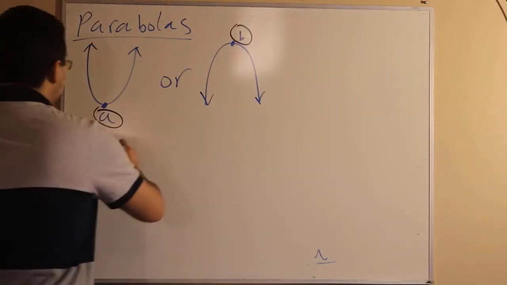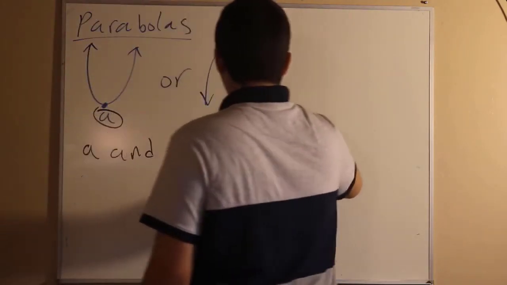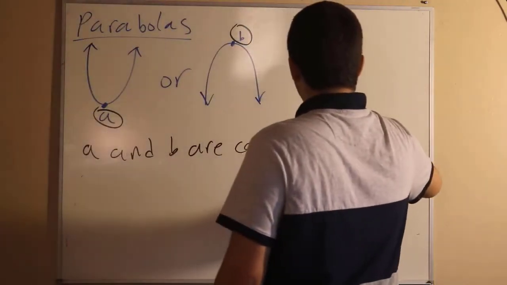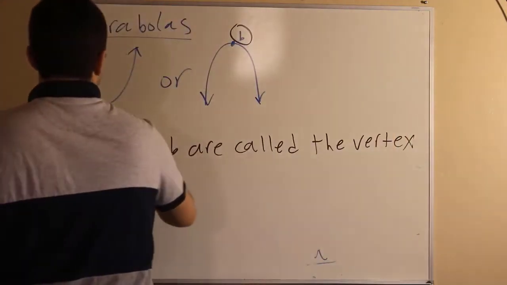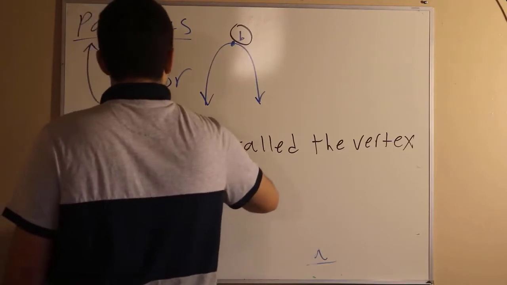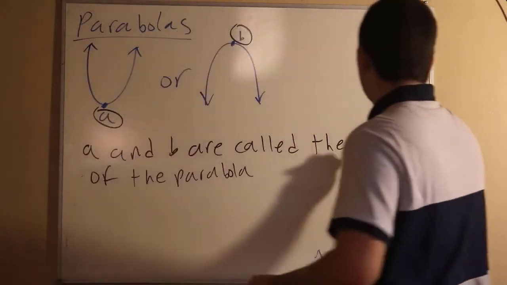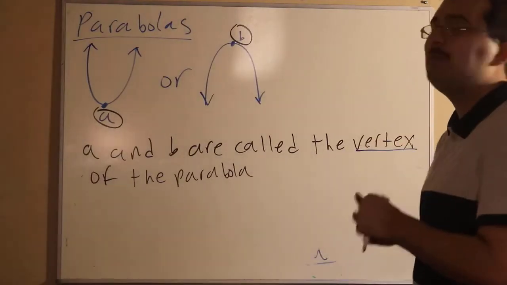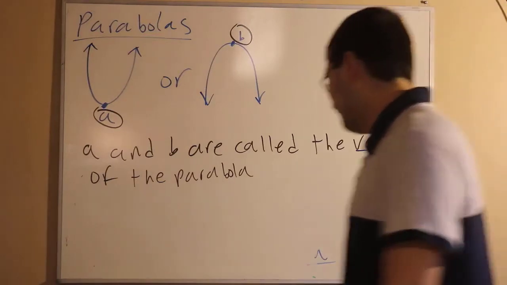A and B are called the vertex of the parabola. All right, so there's another new word for us today, vertex. So A and B, these are special points we call the vertex of their respective parabolas.